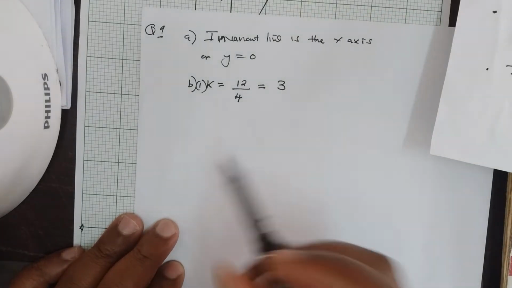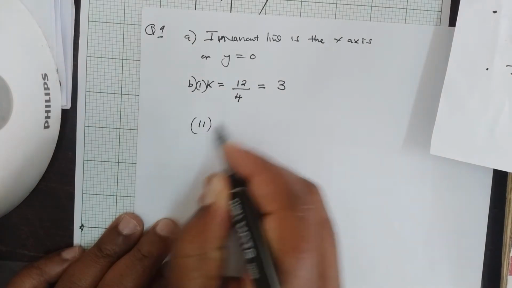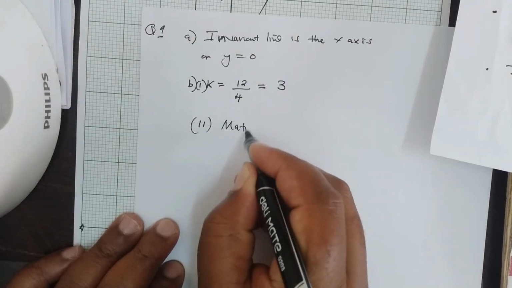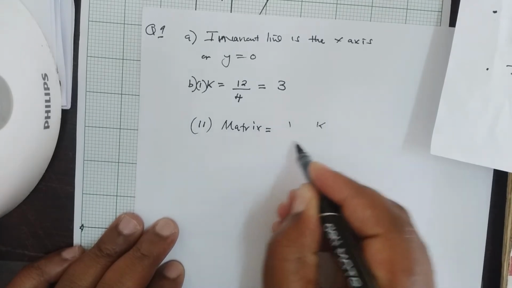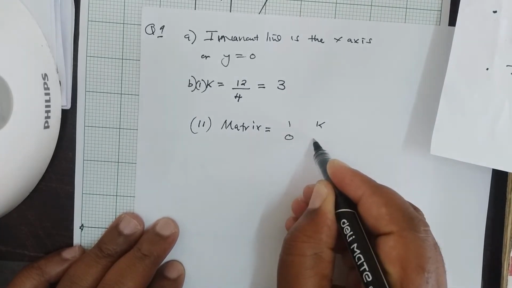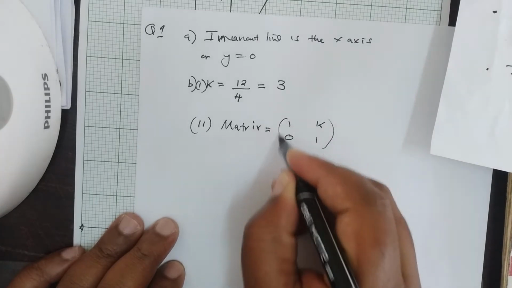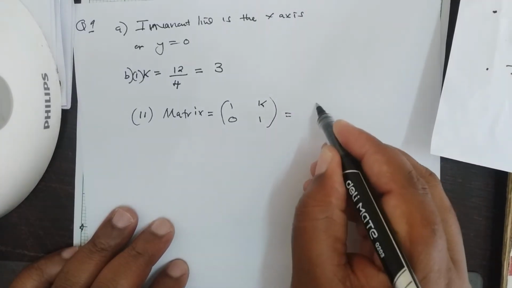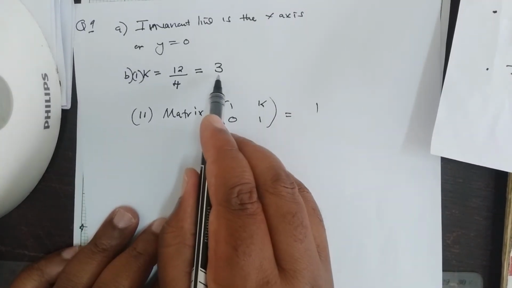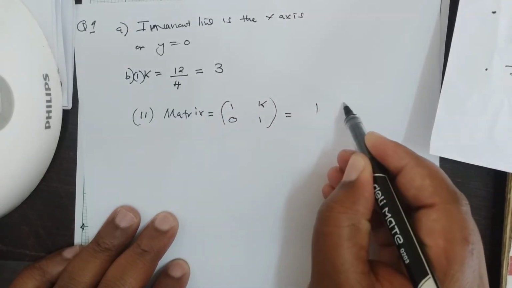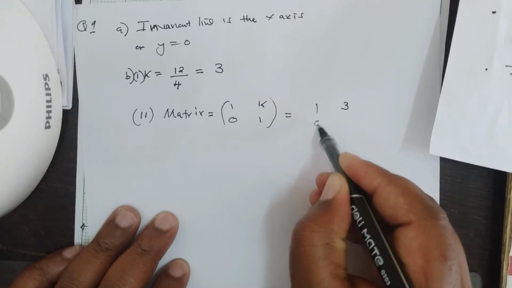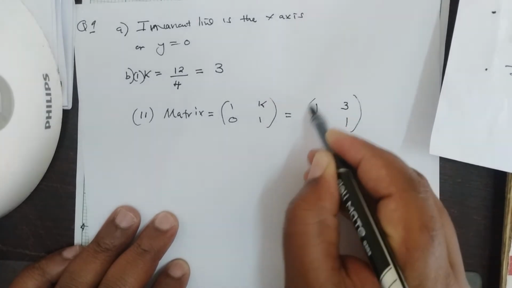So number 2, the matrix is equal to 1, k, 0, 1. What is our shear factor? 3. So here we have 3. Here 0. And this is the 1.